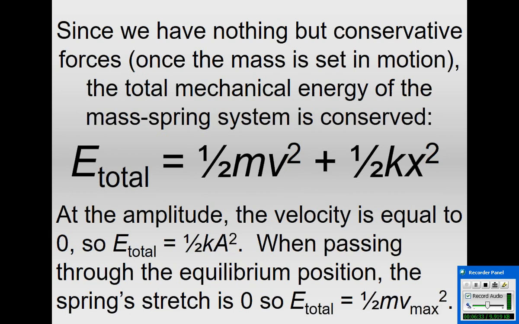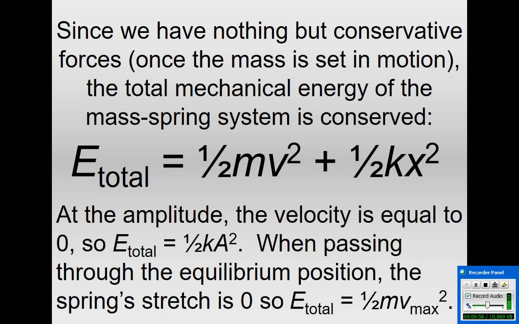On the other hand, when the object passes through its equilibrium position, x is 0. x might be positive, x might be negative, but when the object passes through the equilibrium position, x must be 0. On the other hand, that's the instant the object is moving fastest.